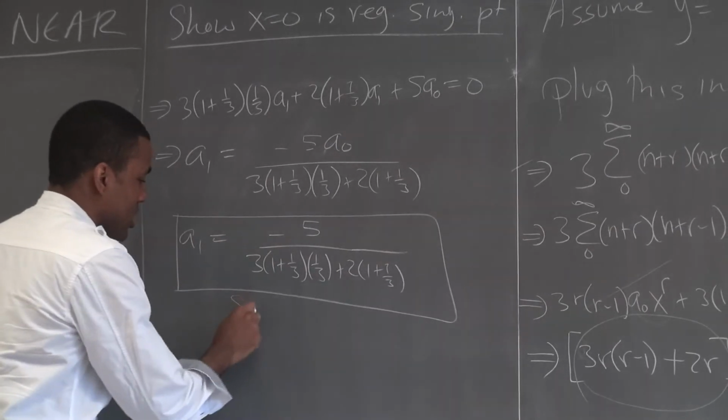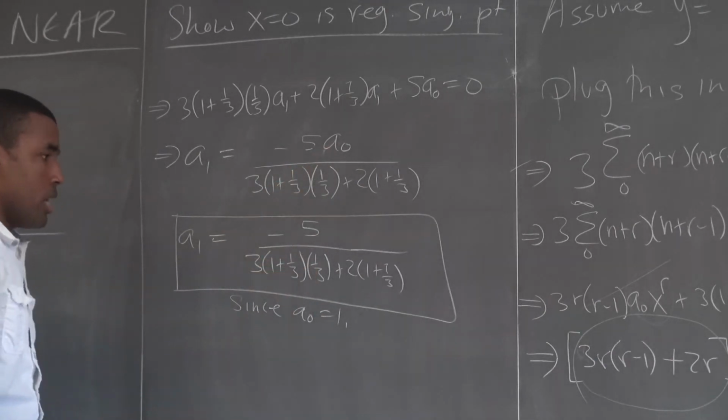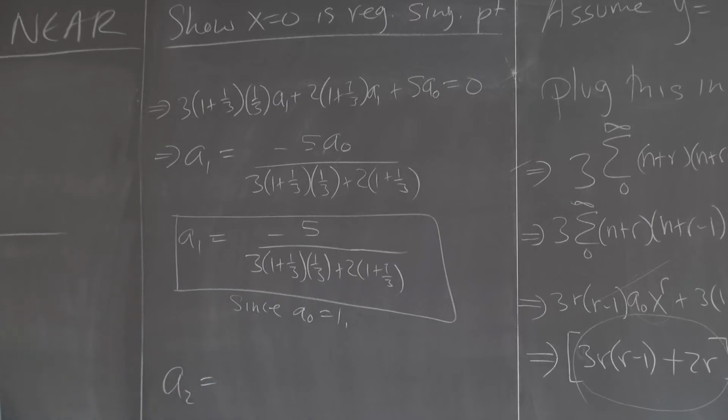So simplify, since A0 equals 1. Just plug in A0 equals 1. And they also asked us for A2, I believe. For A2, I'm going to use this, plugging in n equals 2.